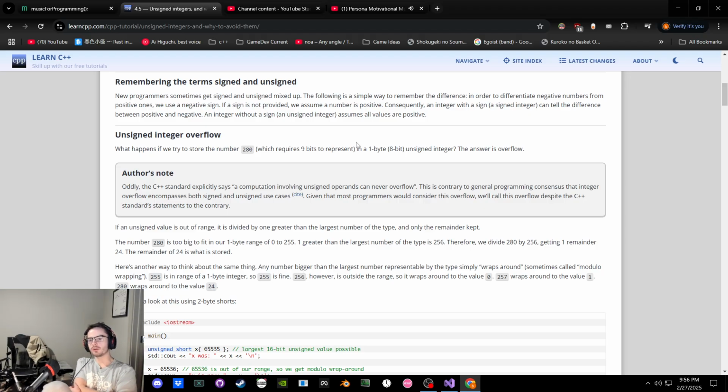So C++ is unique to others, where integer overflow is the same regardless of whether it's signed or not.